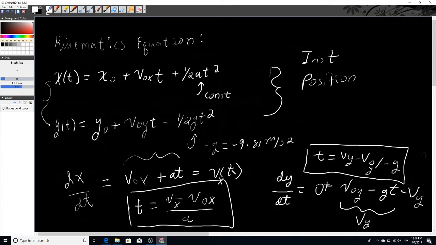You can kind of think of them as one equation. You can even think of these two as one equation. They only change based on what direction you're looking at, but the overarching structure is the same. So really, it's two kinematics equations. It's this and this, and also this, actually. So I guess three equations here.